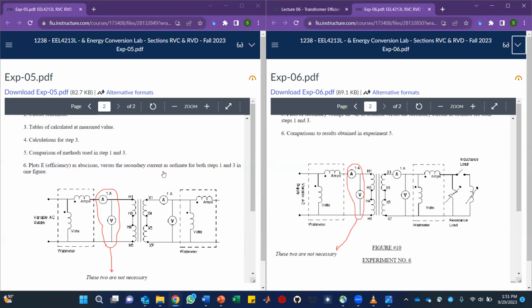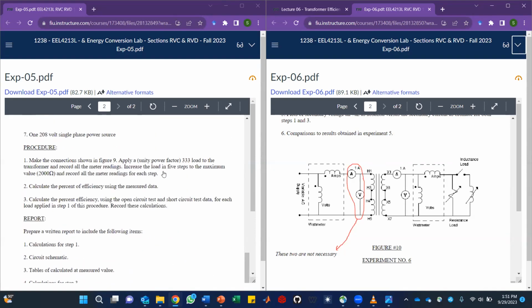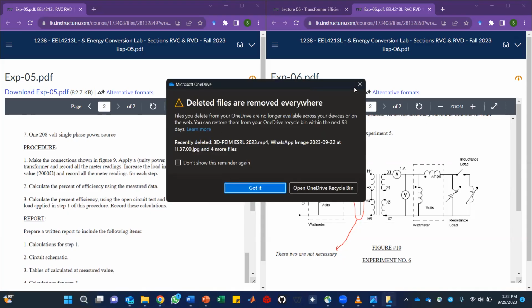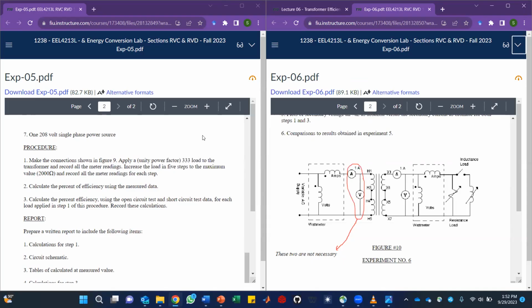Anyway, I will conduct the experiment, and you need to write down the measurement values for each step. I'll explain everything. So let's talk about this procedure.